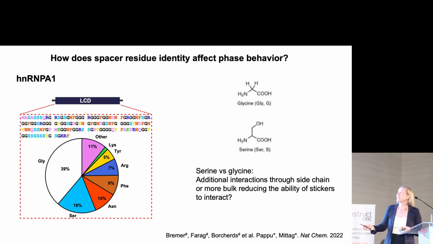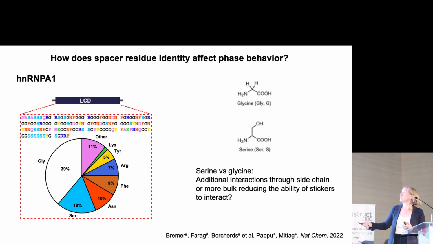We can also look at the spacer residues. Specifically, I told you there's a lot of glycines and serines in this sequence. And we can ask ourselves, how little interaction do they actually contribute? And does the serine perhaps contribute a little bit more than the glycine? That might be expected, given that it has the extra hydroxyl in the side chain.